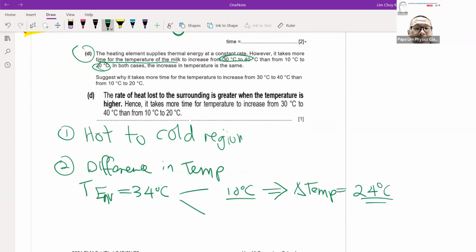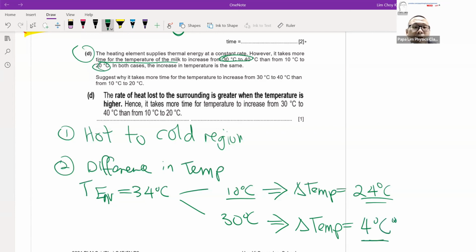Versus, based on the question, if I'm already at 30 degrees Celsius, the difference between me, the object, and the environment temperature is now 4 degrees Celsius.